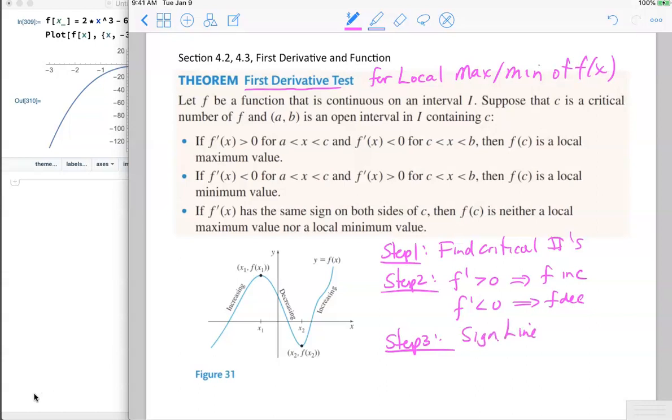We've done sign lines of both the function and the derivative. So we've done sign lines where you put f prime here, put your critical numbers of the function f on this sign line, and then fill in the signs for the derivative on those intervals.